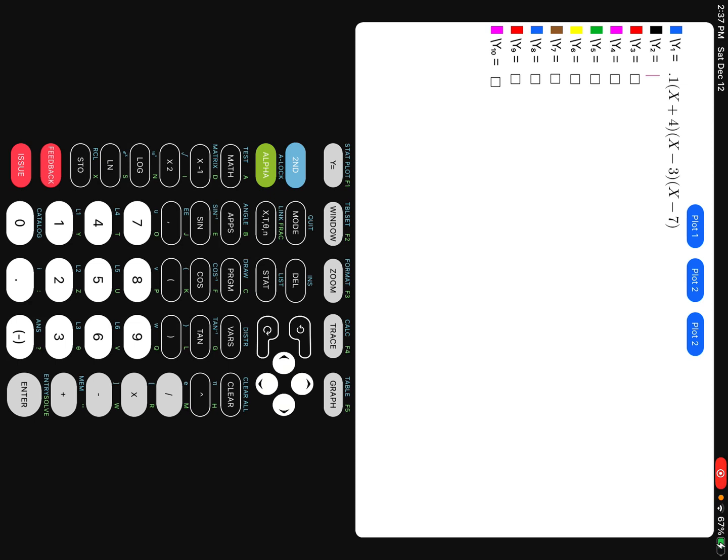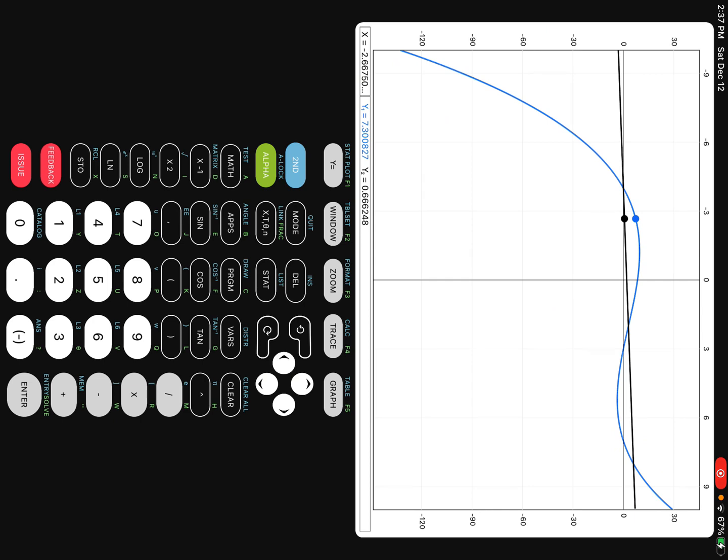That's the first equation. The second one is 1/2 x plus 2. All right, and we're going to graph that. It's going to look like this. I'm going to zoom and see if I can get it to hit 0. There we go. That's about as best as we're going to get.